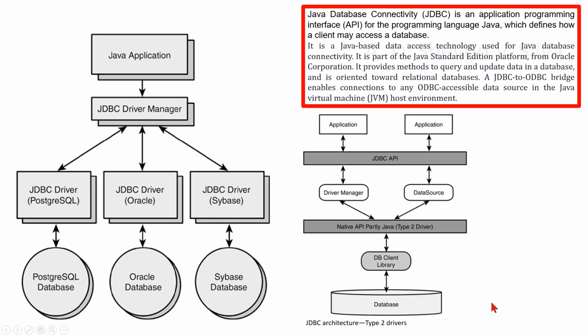Here you can see JDBC architecture type 2 drivers. A type 2 driver converts JDBC calls directly into the client's API provided by the database without need for an intermediate ODBC layer.